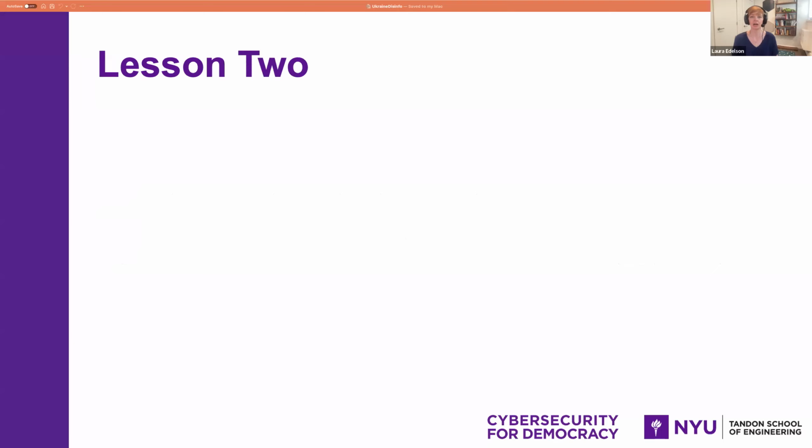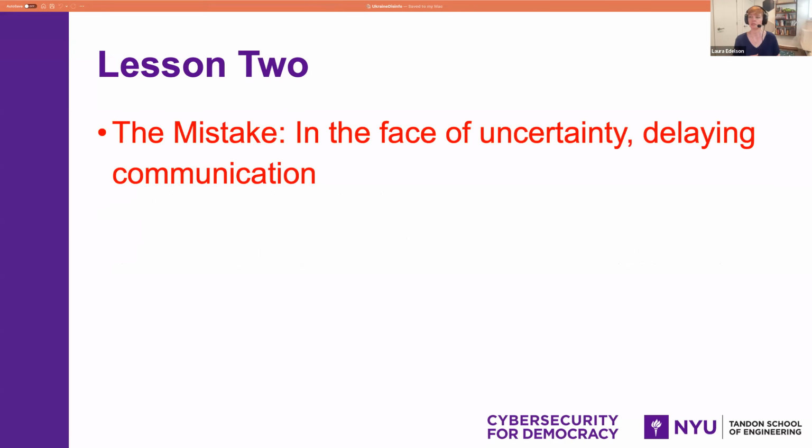But of course, this also brings up other problems. And specifically, what do you do when the facts are uncertain? The mistake when you are in an uncertain situation is to delay communication. But again, it's very understandable why people and organizations delay communicating when they don't know the facts on the ground.